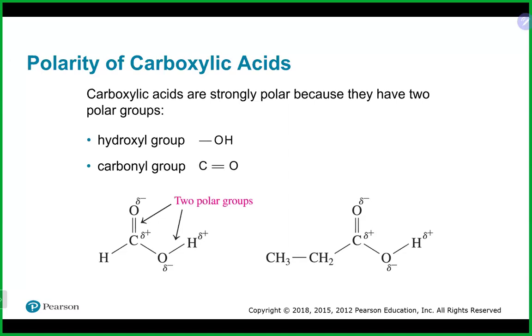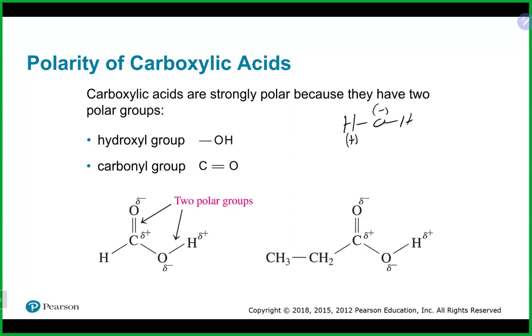As I mentioned before, because it does have those 2 very polar groups, that plays a really big role in terms of boiling points and melting points. It also plays a really big role in terms of solubility with things like water. And remember that water is a polar molecule. Also has obviously more positive on the hydrogens, more negative on the oxygens.